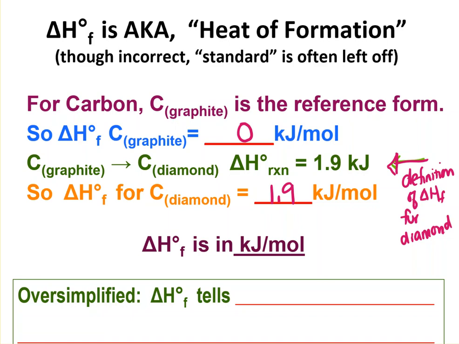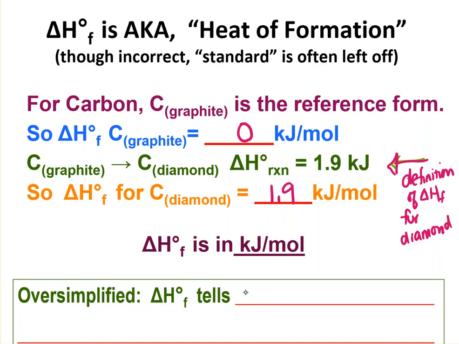The heat of formation is defined as the change in enthalpy when you take a reference form, which this is, and you make the substance you're interested in, diamond. That is the heat of formation of diamond. Okay, anyway, that's how it works in words and looking at an equation. Heat of formation is in kilojoules per mole. And this is a good way to think about heat of formation.